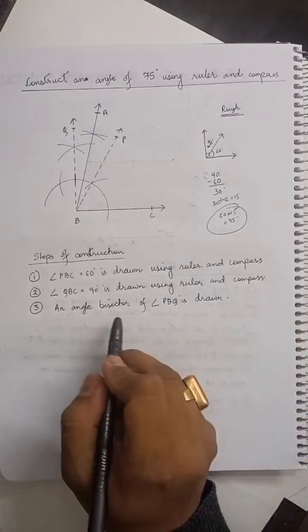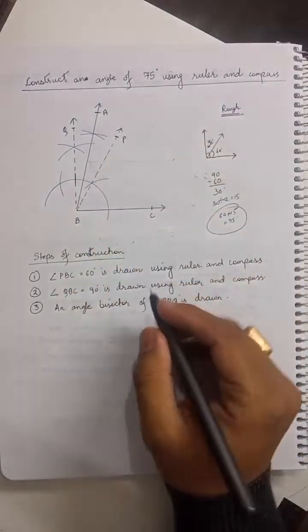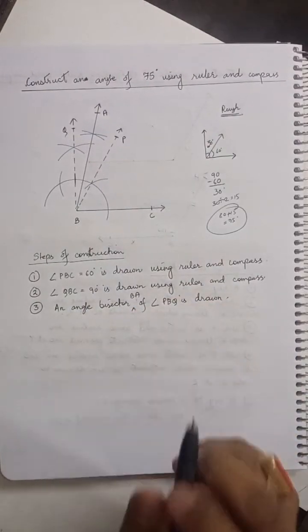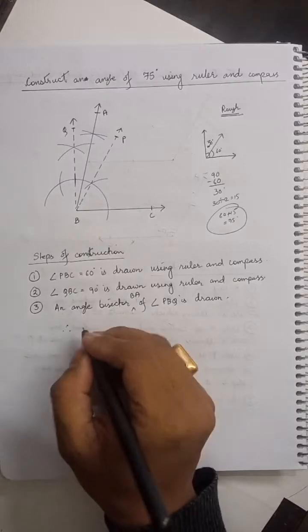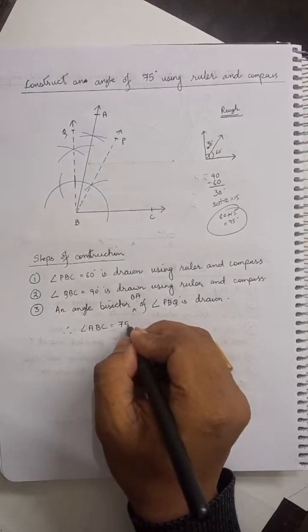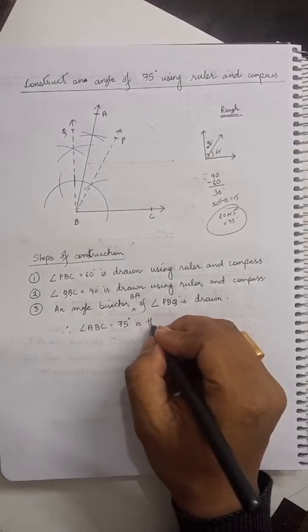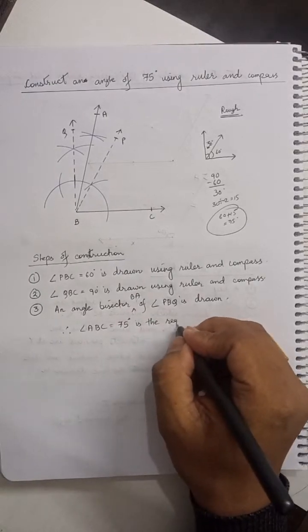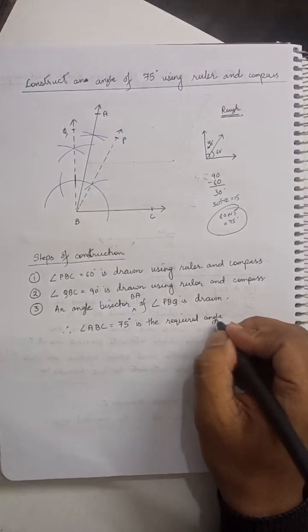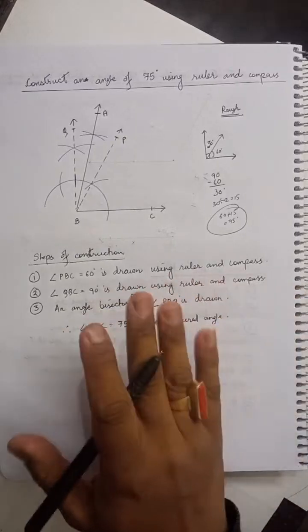Or you can write an angle bisector BA of angle PBQ is drawn. So therefore angle ABC equal to 75 degree is the required angle. Okay, one thing about steps is that it may differ from person to person.